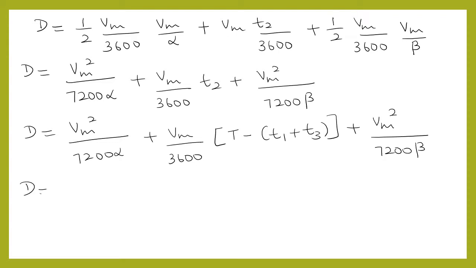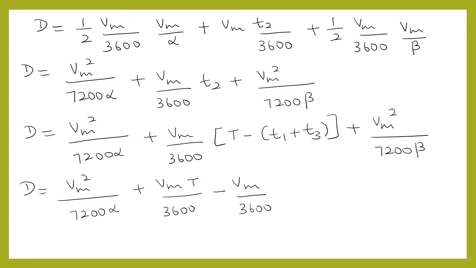So D is equal to Vm square by 7200 alpha plus Vm T by 3600 minus Vm by 3600 into Vm by alpha minus Vm by 3600 into Vm by beta plus Vm square by 7200 beta.